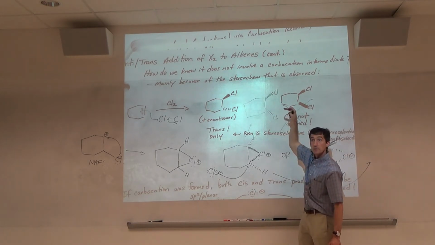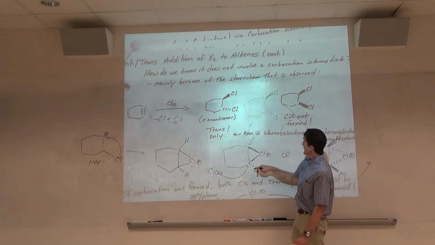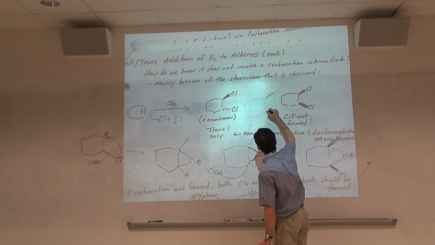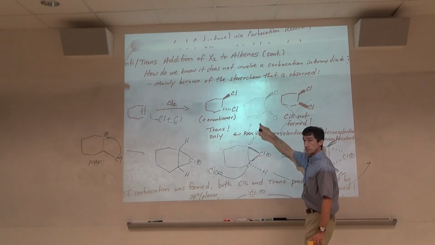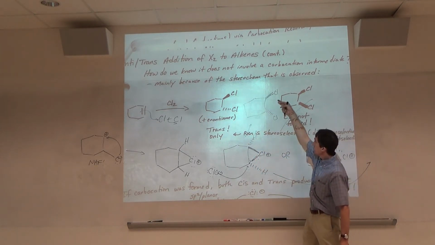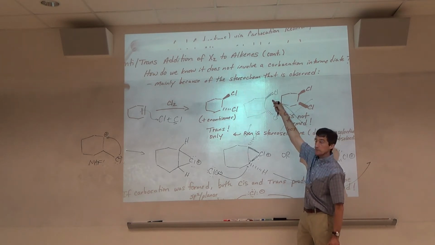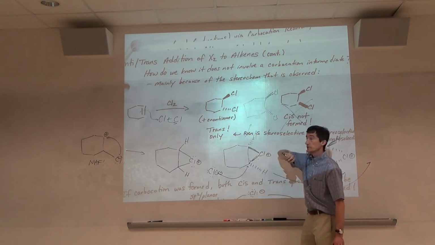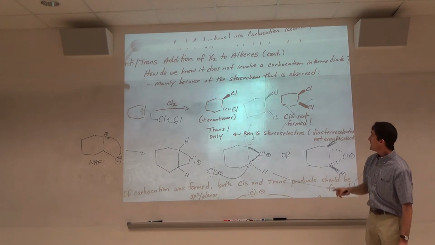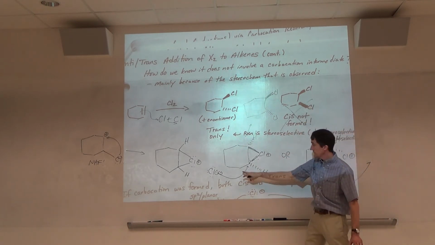It knocks the hydrogen forward, the back one? Yes, the H is actually forward. I'm not going to draw those in, but by default the H is forward, yes. Okay? But lo and behold, what's the relationship between two chlorines? Trans. You don't get this, because this would only form if the chlorine came in front side.